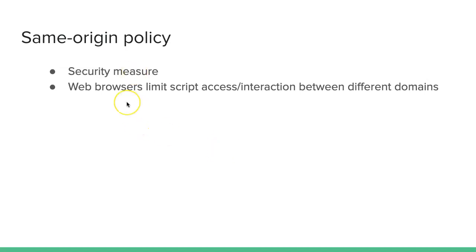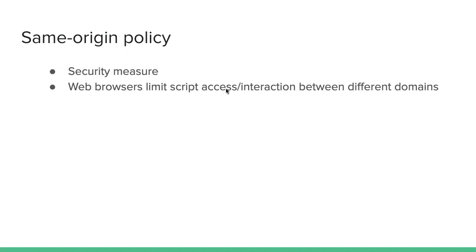So actually, there's something called the same origin policy in place, where web browsers limit access between different domains. So if right now we're using itpwebdev.com, the default rule is itpwebdev.com cannot access twitter.com's resources. You can't even make a request sometimes. There's actually a very firm policy in place.